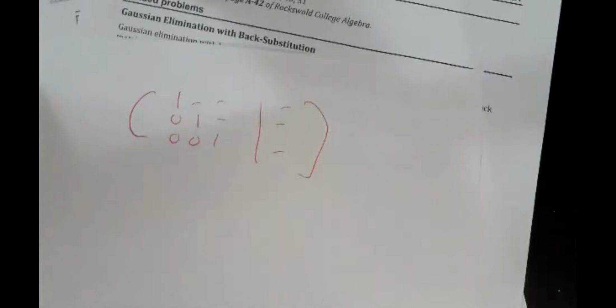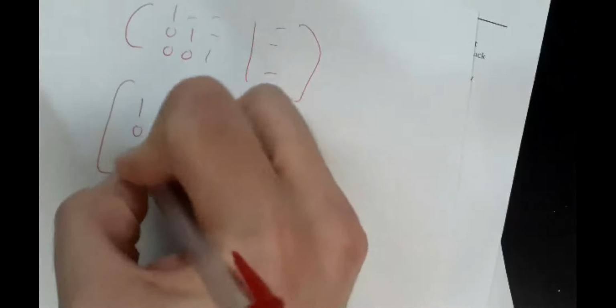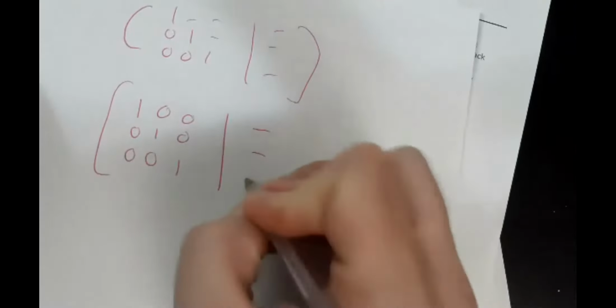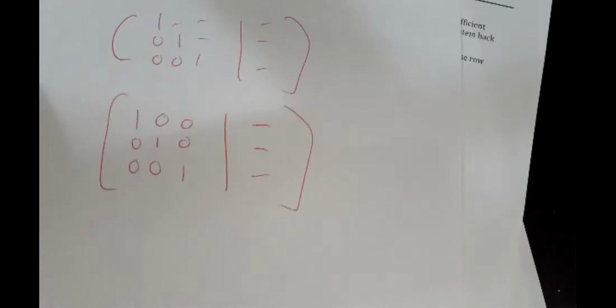But this is the row echelon form, and then the other thing we talk about, reduced row, that's very similar, except we get zeros in all those other places, right?